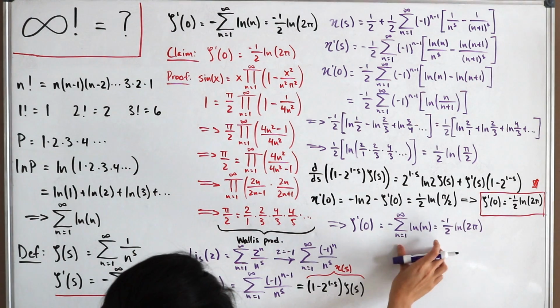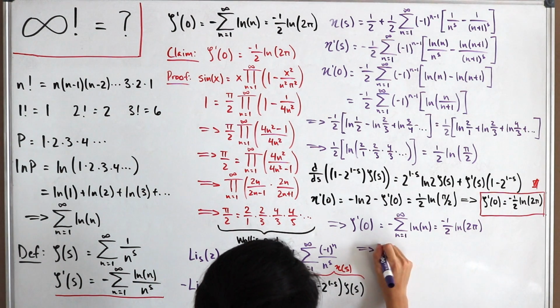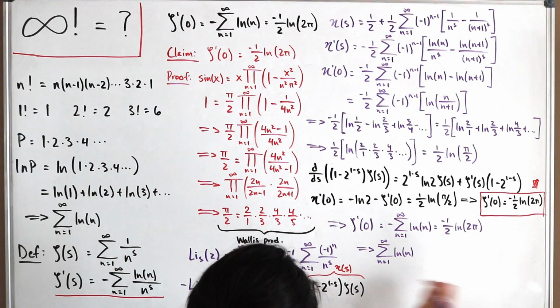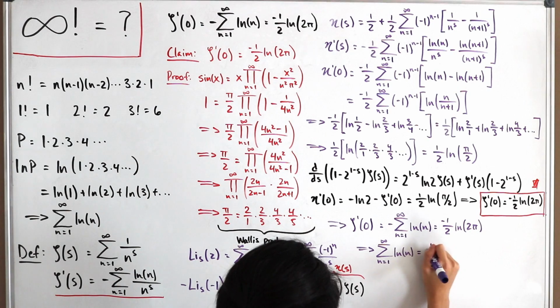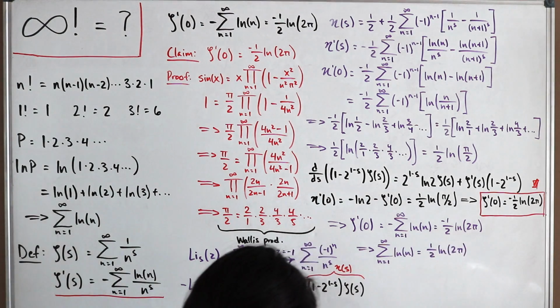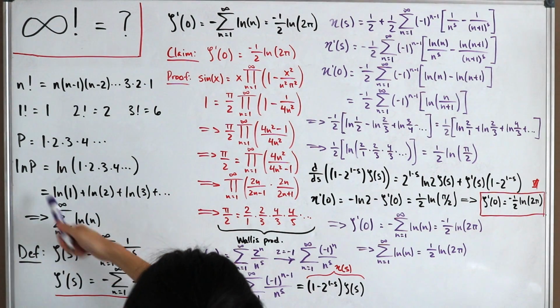We can actually just divide by the negatives on both sides, and so now we have the positive infinite sum of the natural log of n, and this is just positive 1/2 natural log of 2 pi.